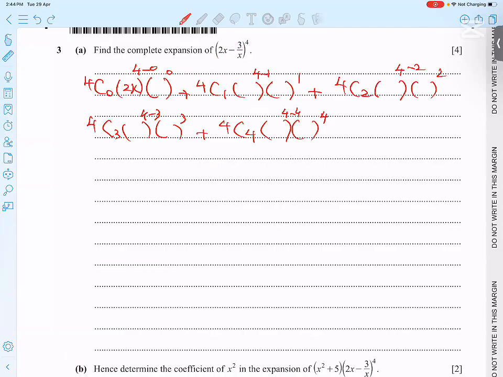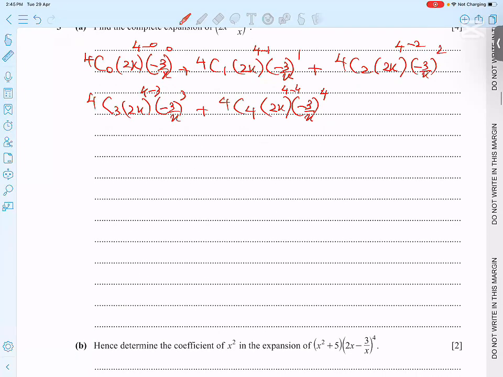And second, I'll put negative 3 over x. Make sure the negative must be there, okay? So each first bracket, 2x. Each second bracket, negative 3 over x. So I think this is nothing hard. Just keep your attention, and if you lose your attention, you will make a mistake. Otherwise, nothing hard.